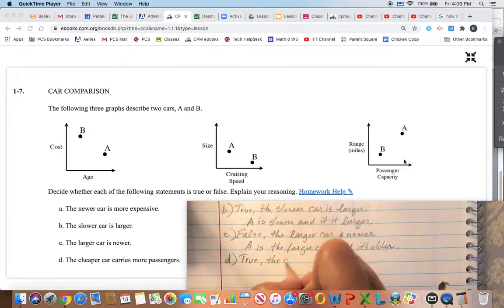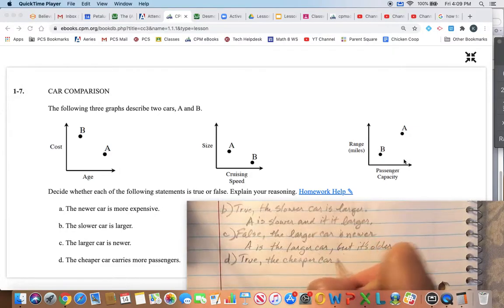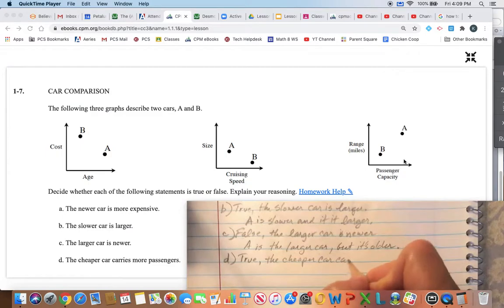The cheaper car carries more passengers.